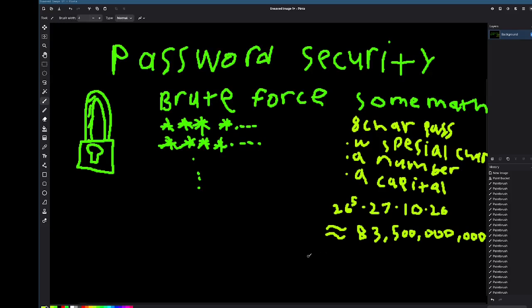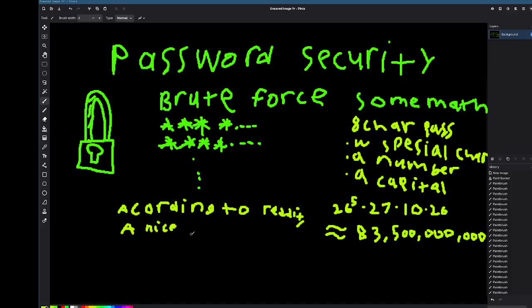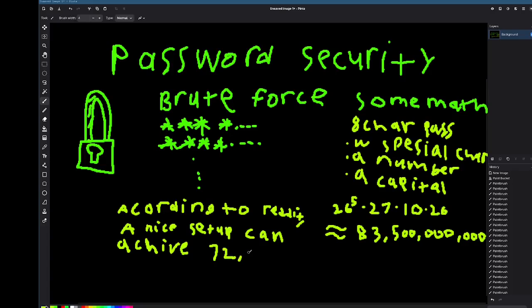Now mileage is going to vary a lot here based off computer setup, but back when I was mining cryptocurrency, I remember I was hashing like 63 million hashes a second with my pretty cheap setup. And according to some guy on Reddit, he had a setup that can do 72 billion hashes a second for the Windows password hash.